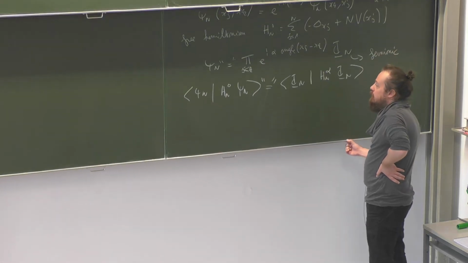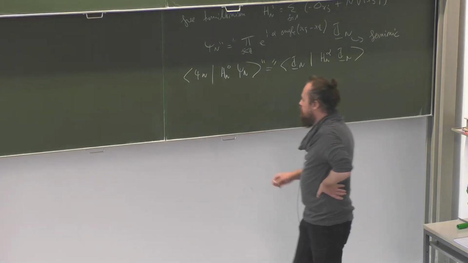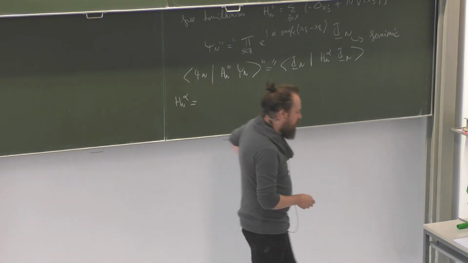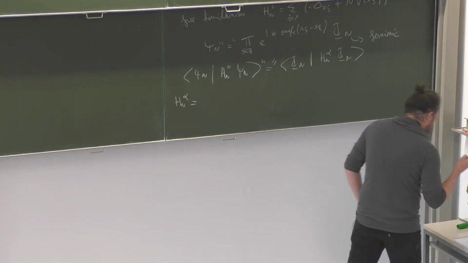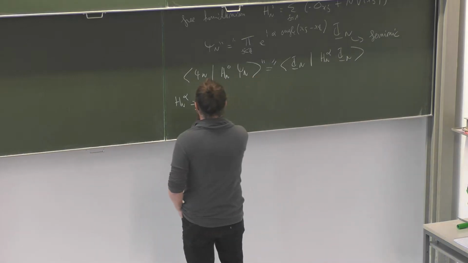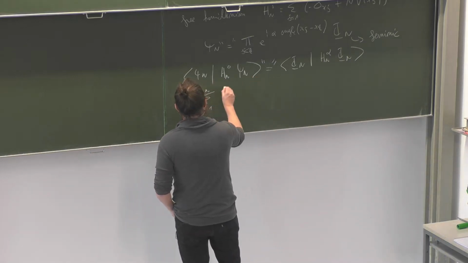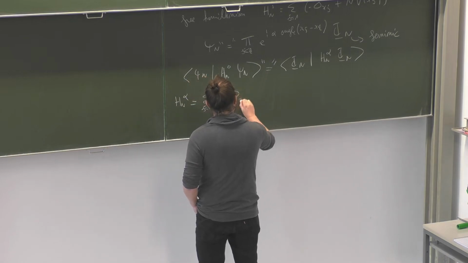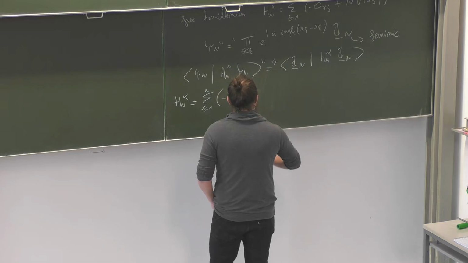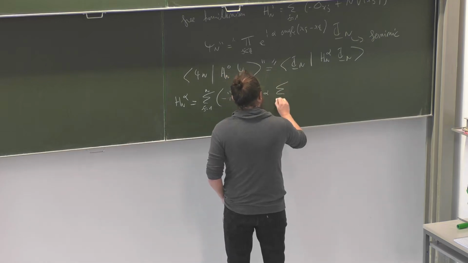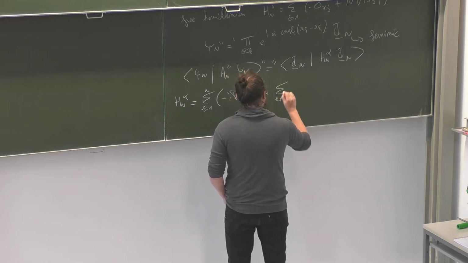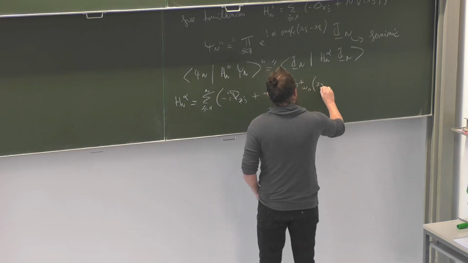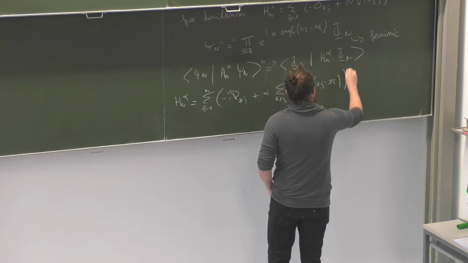Hopefully I still have room here. So H n alpha is what you get by doing the change of gauge. It will be useful to write it like that. So sum j equals 1 to n, you have the momentum minus i nabla xj, plus alpha, sum over all the other particles, grad perp of w0 at xj minus xk, then squared.